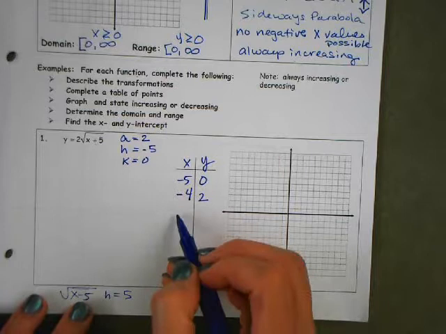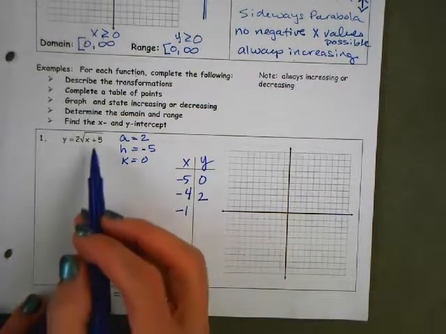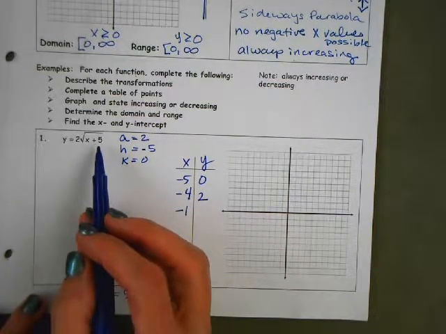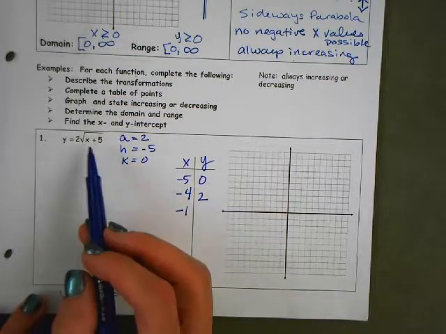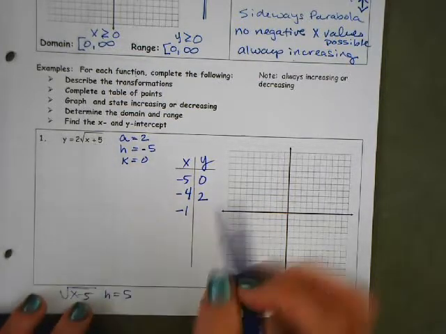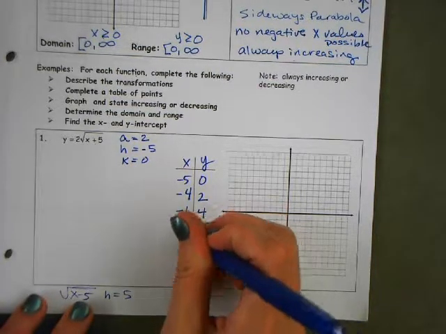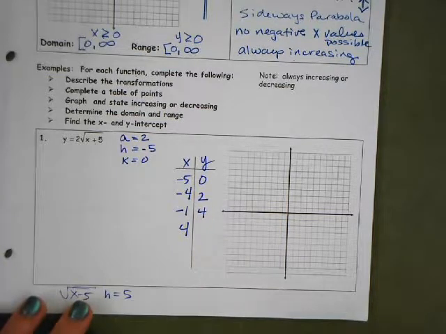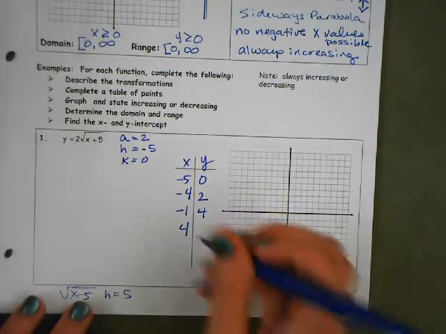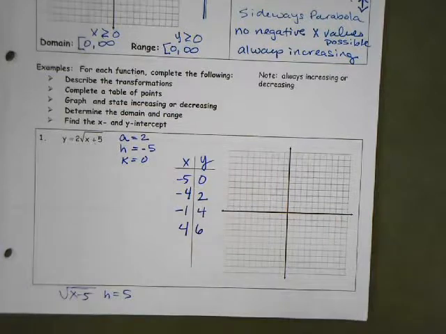If I make this -1, that would give this to be a +4, right? So that'd be 4. Square root of 4 is 2. 2 times 2 is 4. And then let's do 4. 4 plus 5 is 9, which is 3. 3 times 2, 6. Okay, so I have plenty of points.